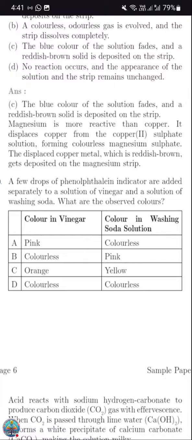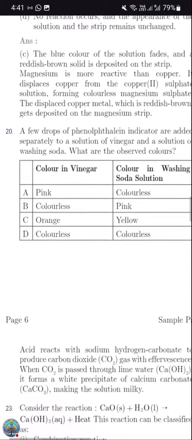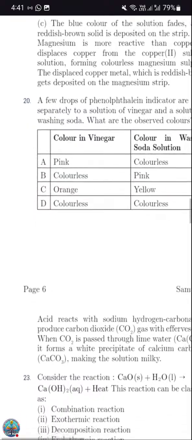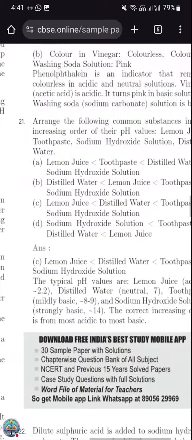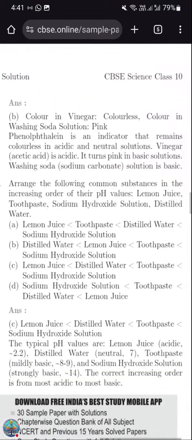You need to say what is the change in the color. Phenolphthalein, pink to colorless. If it is in vinegar, what will happen? And if it is in washing soda, what will happen? So color change you need to say out. So color in vinegar is colorless.